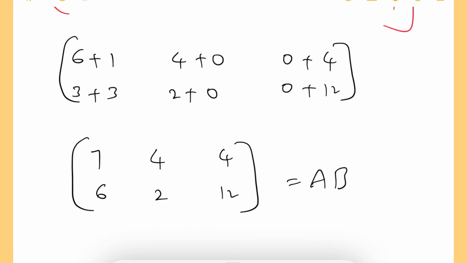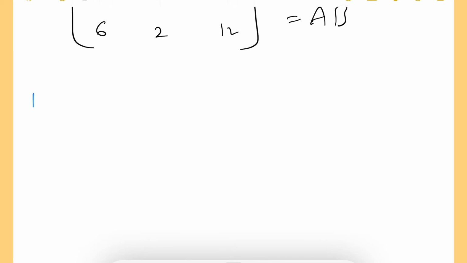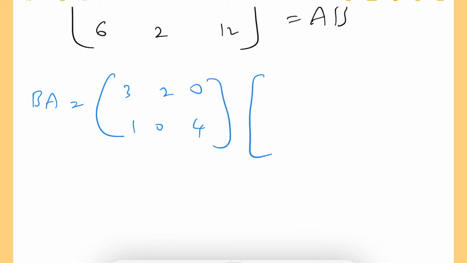Next, he is asking to find the BA value also, if it exists. Matrix B, 3 2 0 1 0 4, into matrix A, 2 1 1 3.